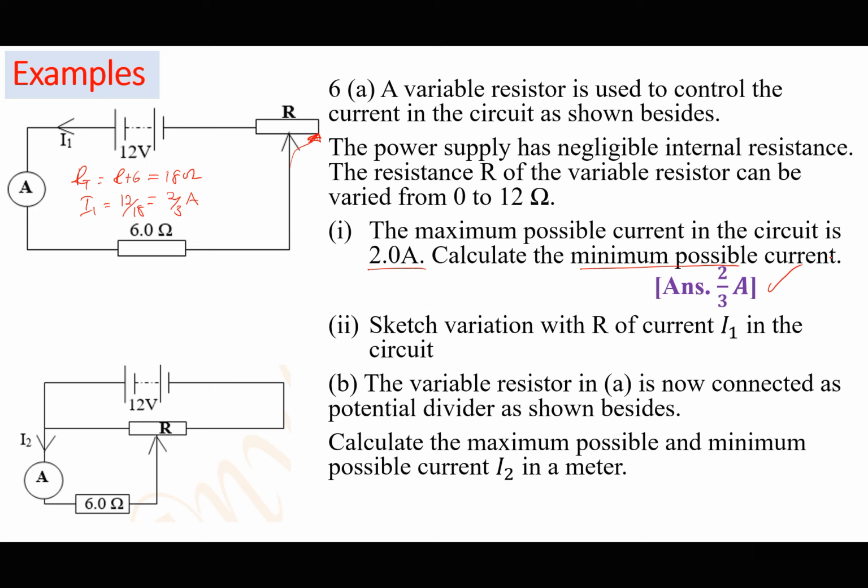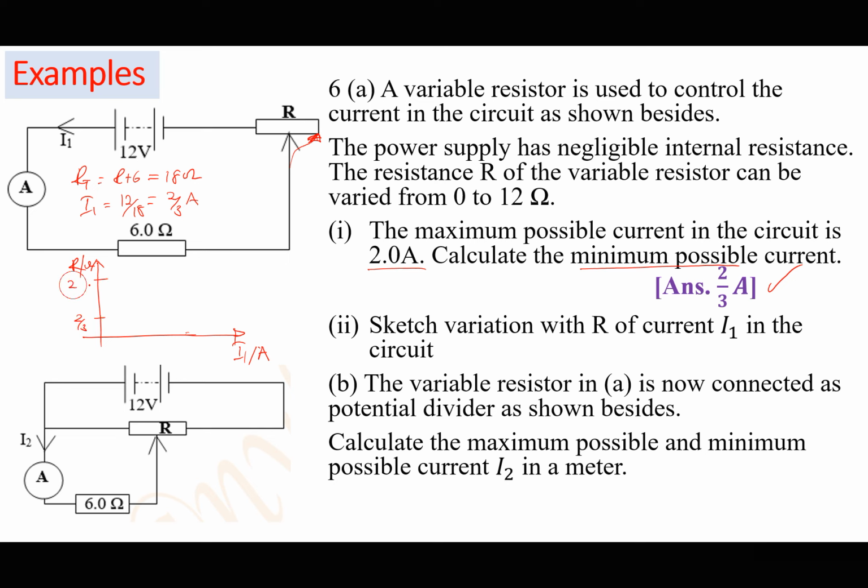Sketch a variation with R of current I1 in the circuit. So I can sketch this here just briefly. The minimum is 2 over 3 and the maximum is 2.